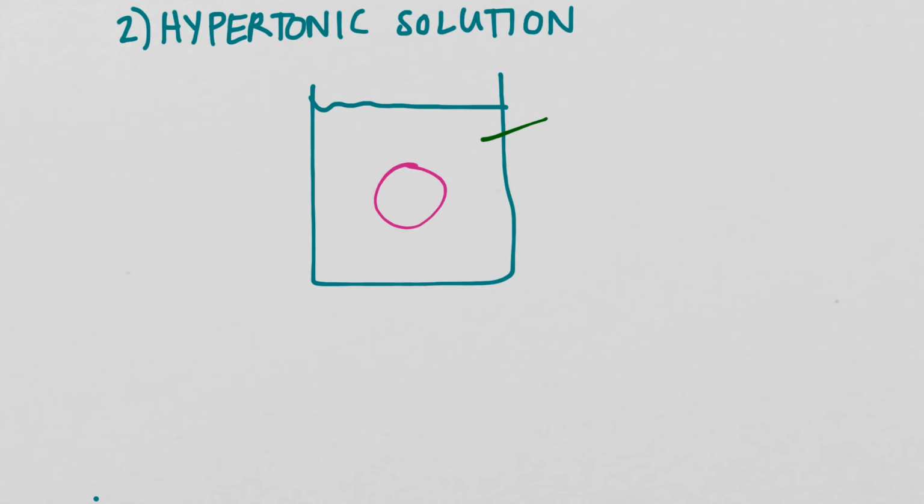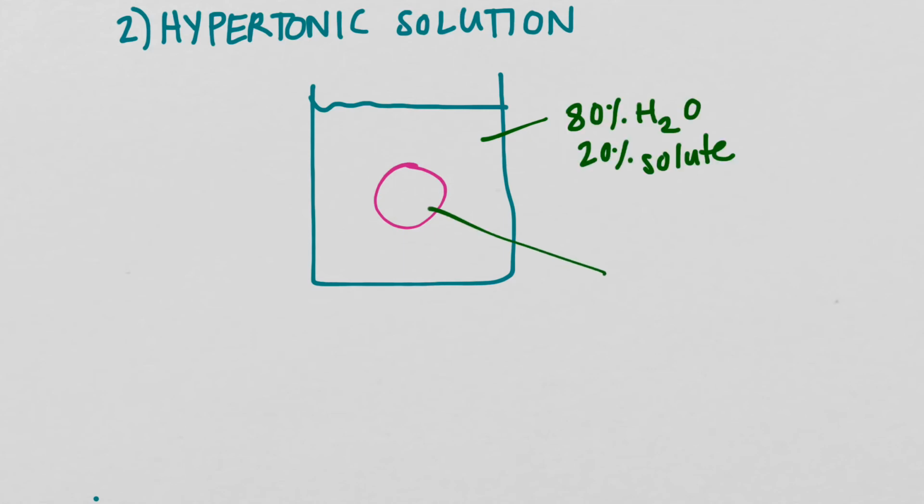I guess it could be sugar, it could be salt, whatever. And then inside the cell, we're going to make it have a higher water concentration, say that it has 90%, and let's say, obviously, then 10% of other solute. So the solute has a higher concentration outside than in the cell.